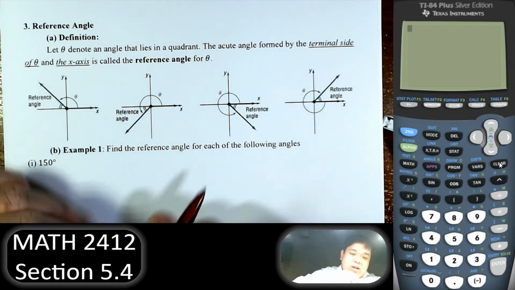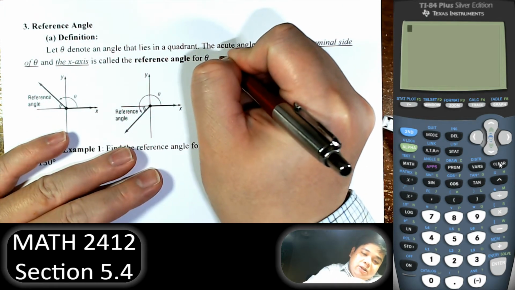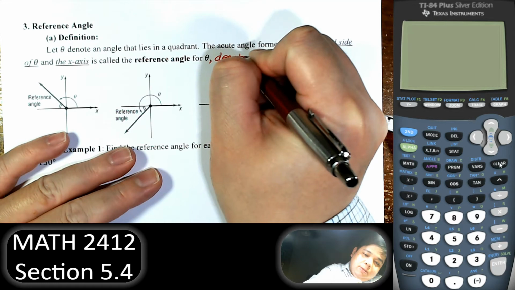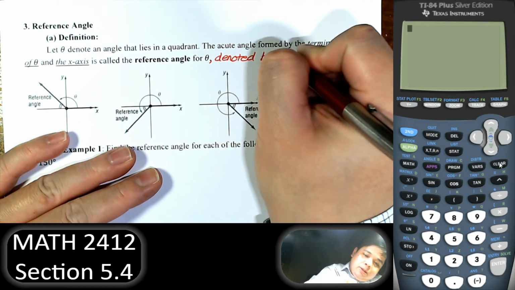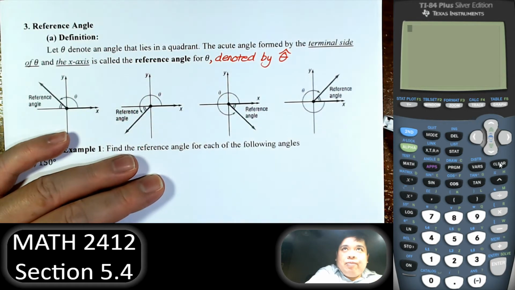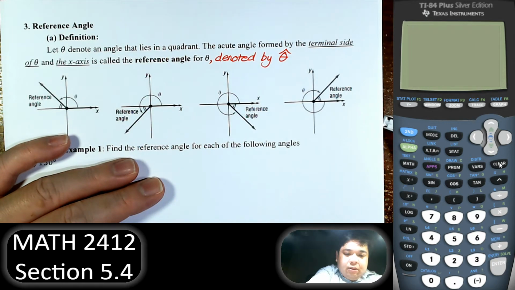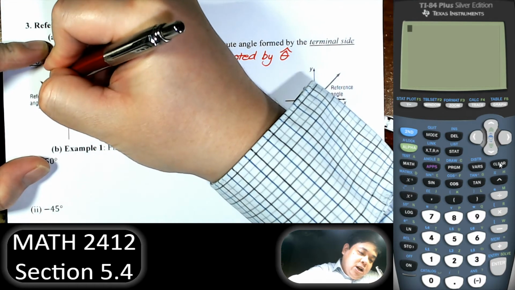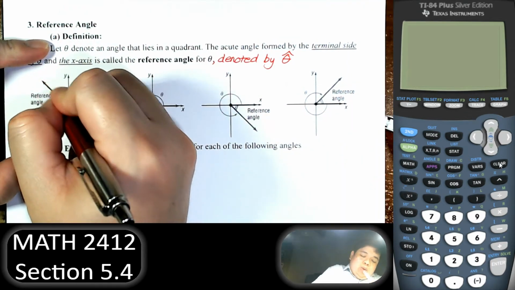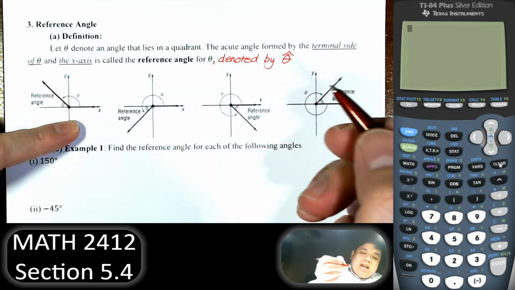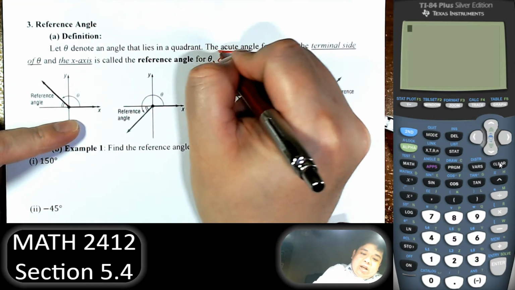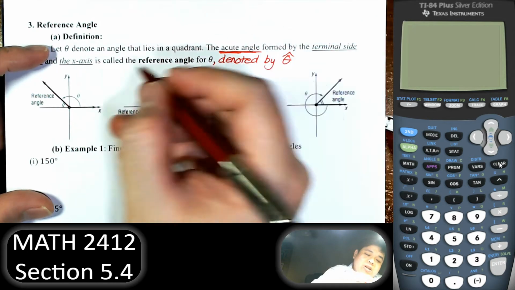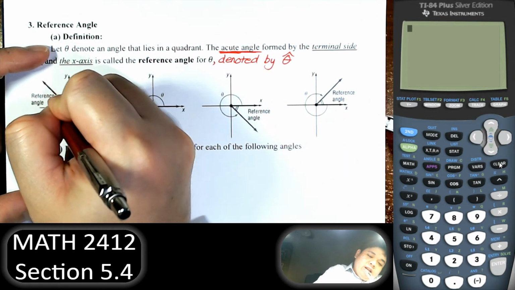And let's just denote the reference angle with a hat. Right. So if we have this angle, then the terminal ray is this, and we will form with the x-axis whatever gives us an acute angle. Acute meaning between 0 and 90 degrees. So in this case, this is the reference angle.